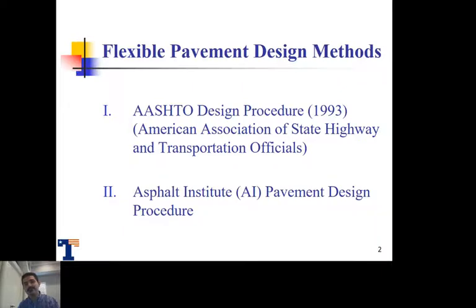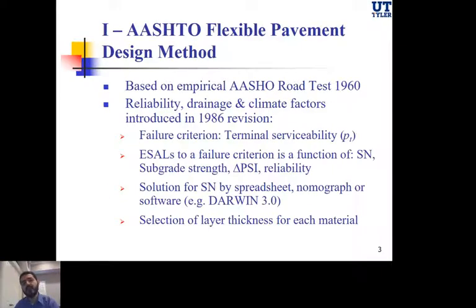So let's get going. This method was based on the empirical AASHO road test in 1960. It was dependent on multiple factors that the pavement engineers tried back then to include in the pavement design methodology.